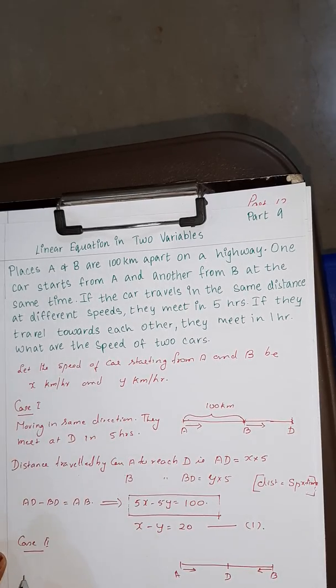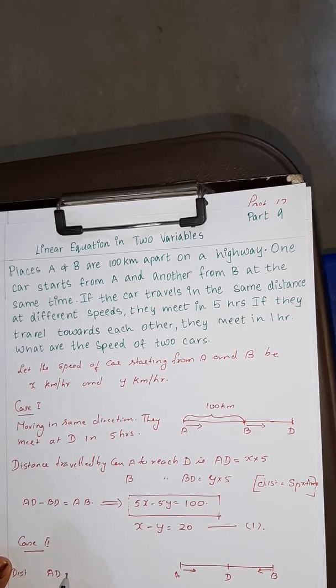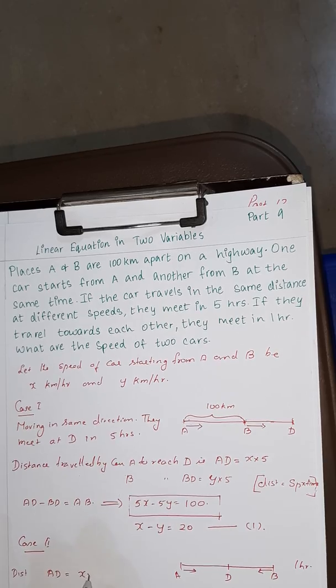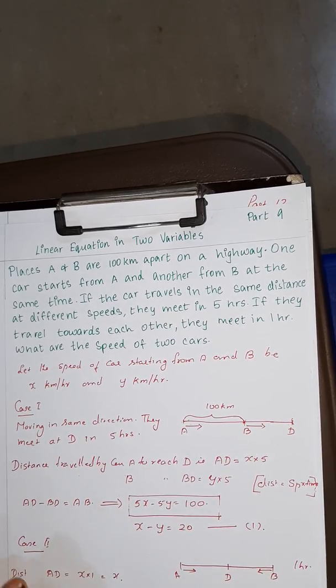Same, the distance travelled AD is equal to, now the time taken is 1 hour, so x into 1, and BD is equal to y into 1, equal to y.